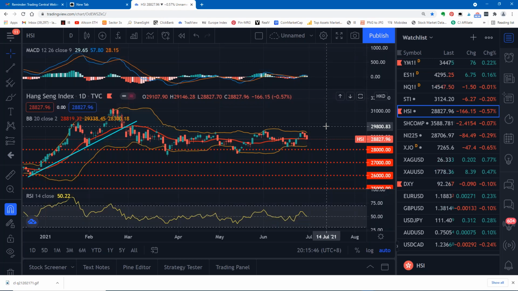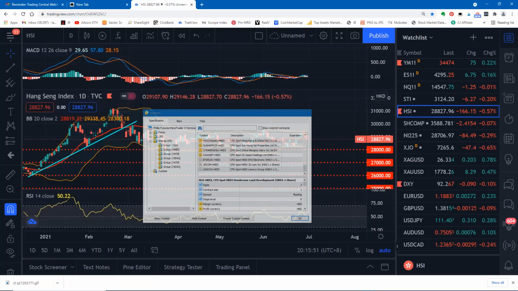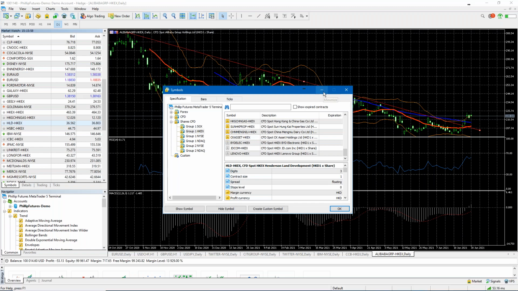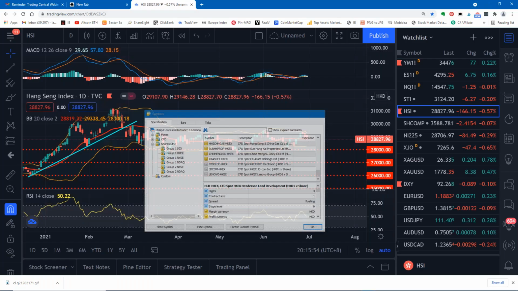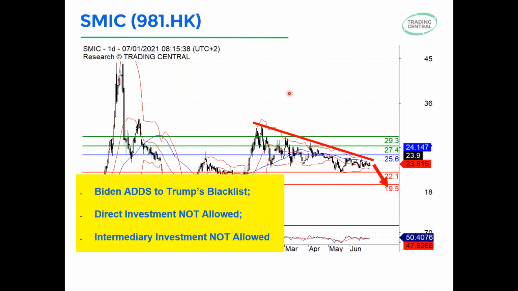If I trade, I would rather go to US stocks than Hong Kong stocks. I just don't like the uncertainty, just like with the semiconductor stocks. The downside risk is much bigger than for those US stocks.